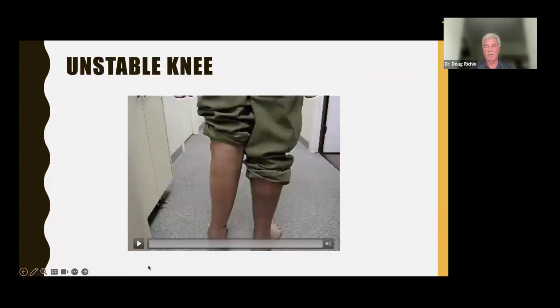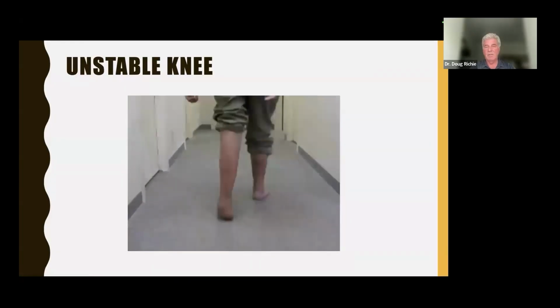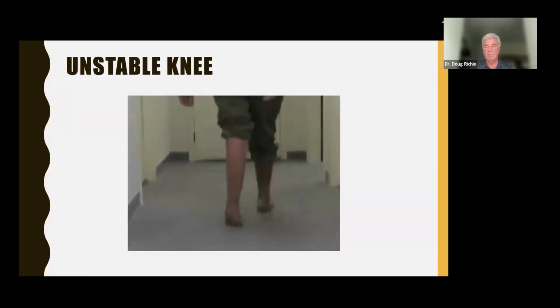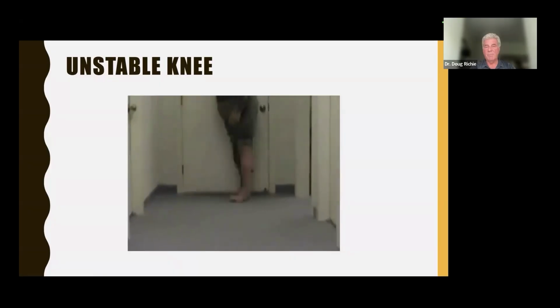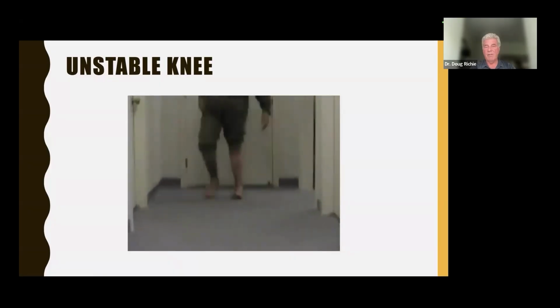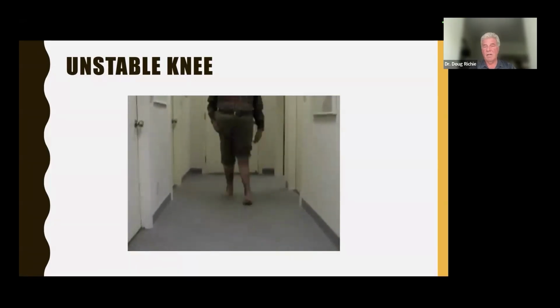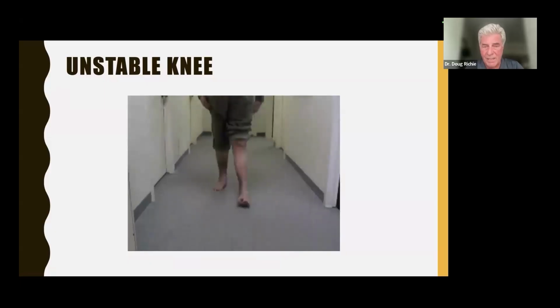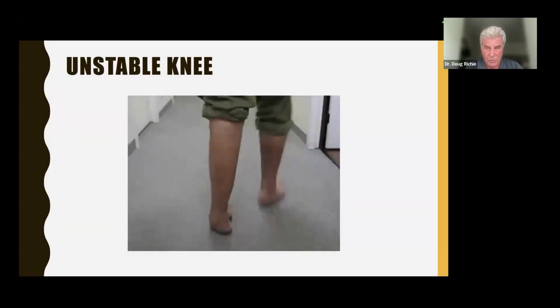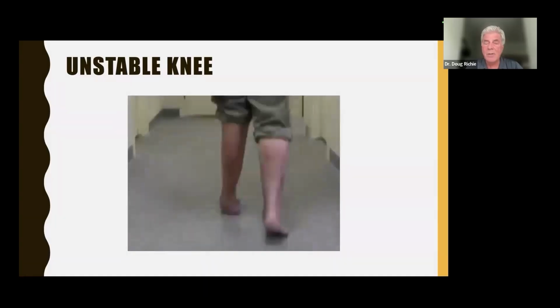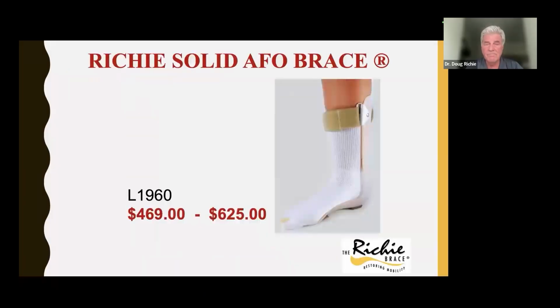So this is a polio patient demonstrating that classic equinus deformity, foot drop, and significant recurvatum of the knee. And that recurvatum really is best treated with a full-length solid AFO or even a knee ankle or so-called KAFO, knee ankle foot orthotic system. We make a solid AFO with a podiatric foot plate.